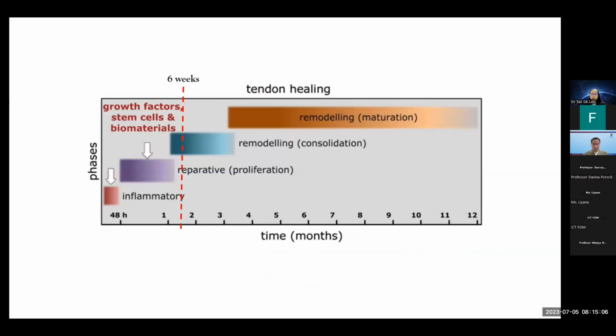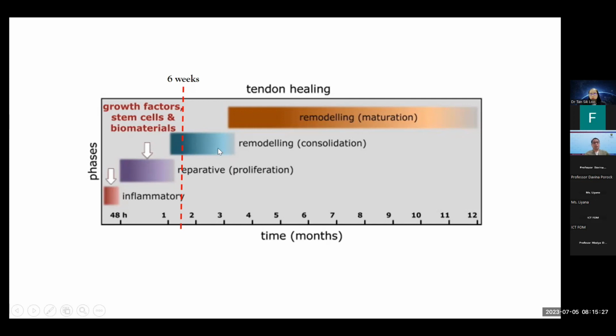And as mentioned in the previous slide, there is a summary of the different phases of tendon healing. In this in vivo study, the endpoint is at 6 weeks post repair.